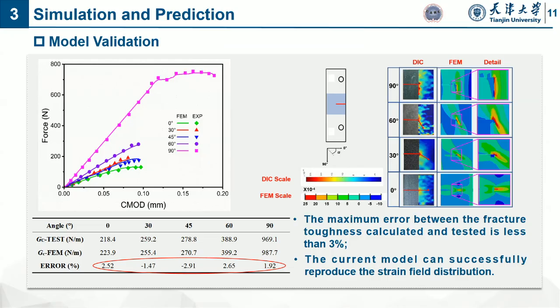We only choose 5 specimens, and we got this simulation for the force and CMOD curves, and the error is very small. Comparing the DIC and the FEM, the results are very similar. So it means this method is successful in simulating the force and CMOD curves of this kind of material.